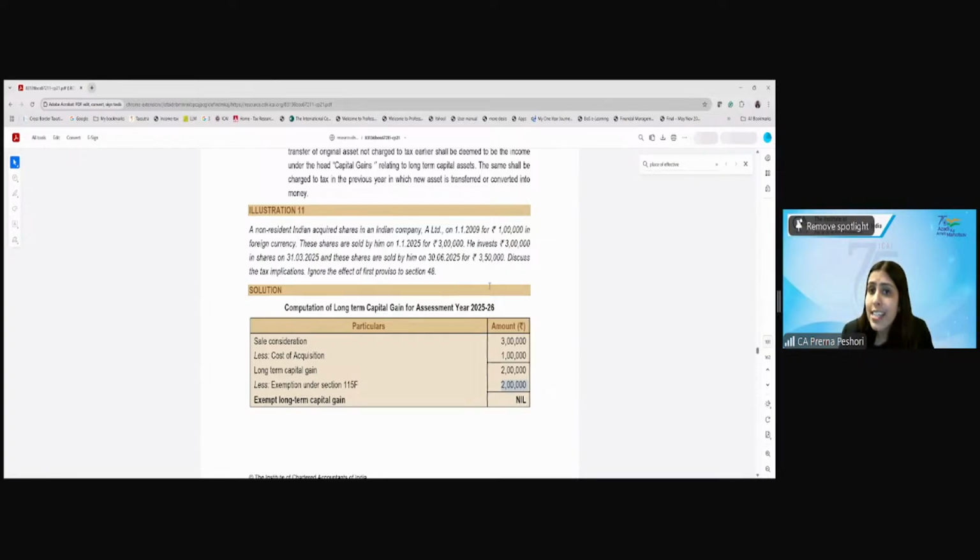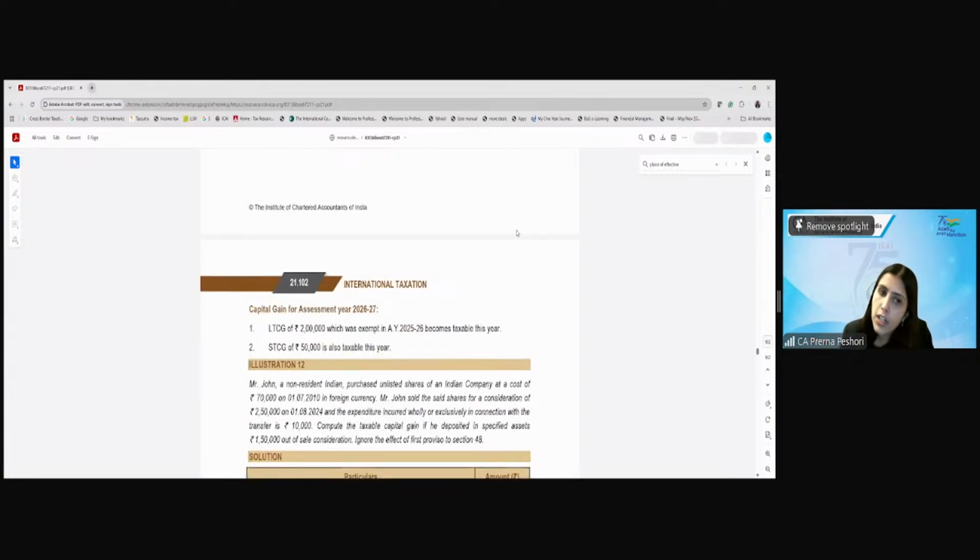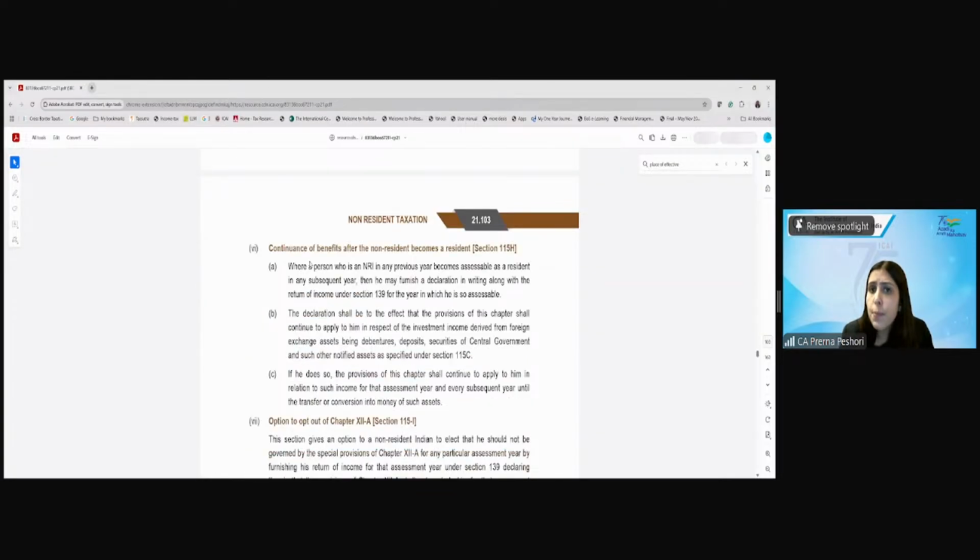Now if I sell this for 3 lakh 50,000 in the next year, what will be my capital gain? 350 minus 3 lakh, a short-term capital gain of 50, plus this 2 lakh which is exempt will be considered as long-term capital gain. Are we clear? Yes or no? Clear? Yes, ma'am.